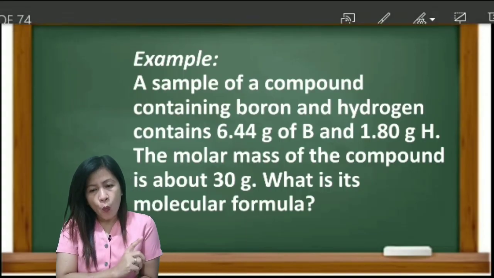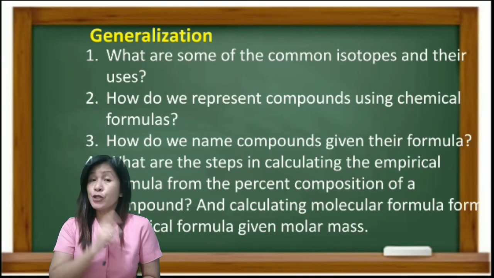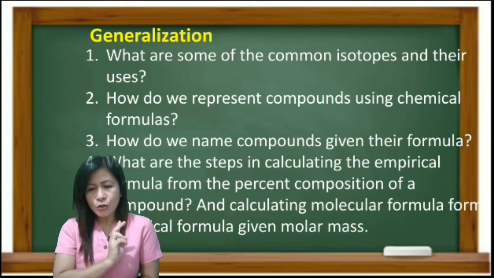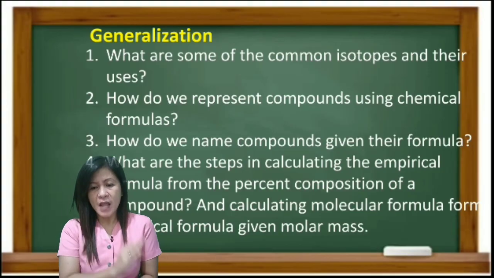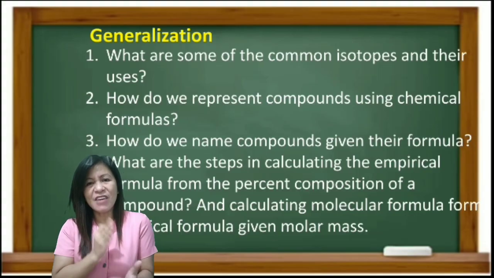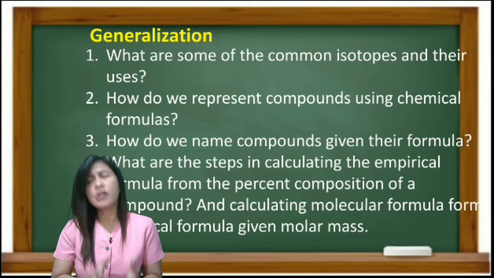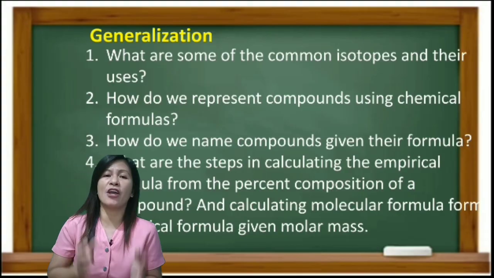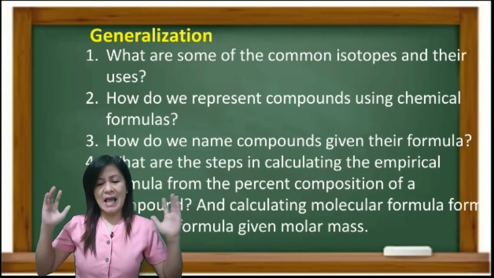Question number 1, what are some of the isotopes and their uses? 2, how do we represent compounds using chemical formulas? 3, how do we name compounds given their chemical formula? 4, what are the steps in calculating the empirical formula and molecular formula? So your answers will wrap up this lesson.